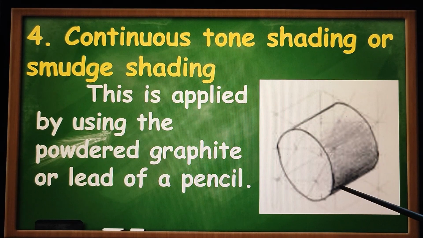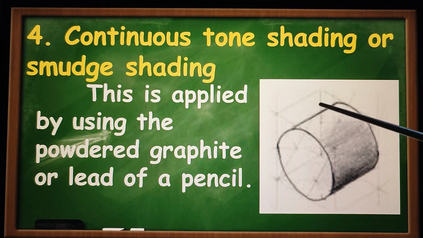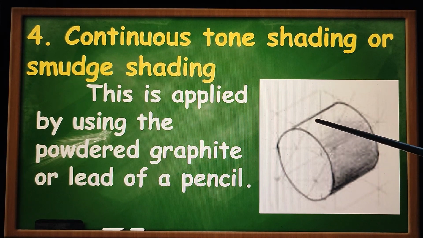It received low light compared to this portion. This portion received high light. From light to dark, or vice versa, from dark to light. That is the continuous tone shading or the smudge.